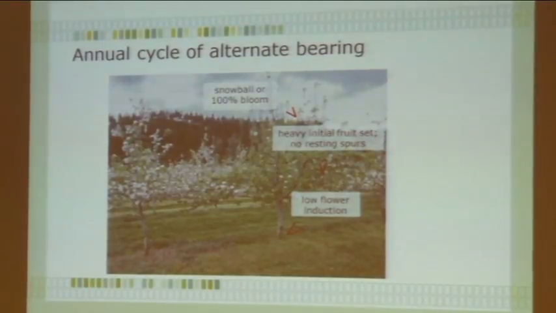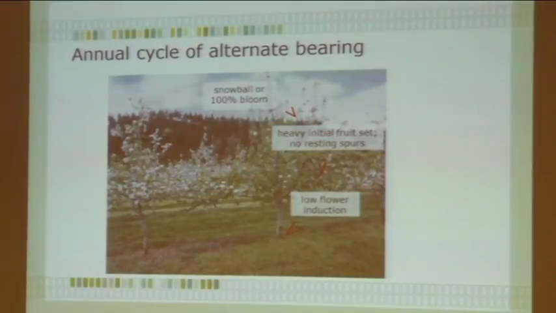So in one year, we might have a very intense flowering. This is followed by heavy initial fruit set, where we have very few resting spurs, and consequently, we believe this is leading to a very small flower induction.